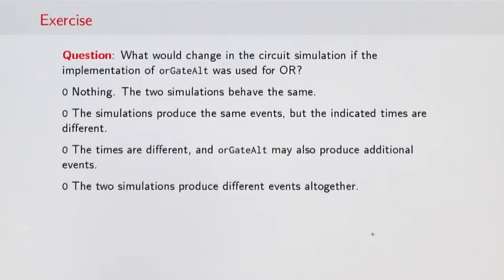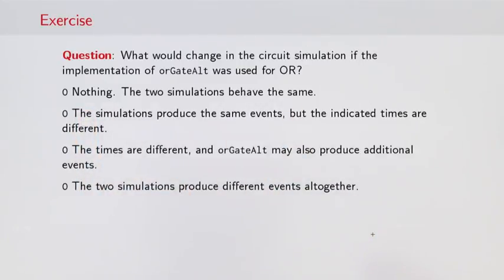My question to you is, if we replaced our implementation of the OR gate by the alternative OR gate that you've just seen, what would happen? Compared to the earlier simulation, would you see a change? Possible answers are: no, nothing would happen, the two simulations behave the same.